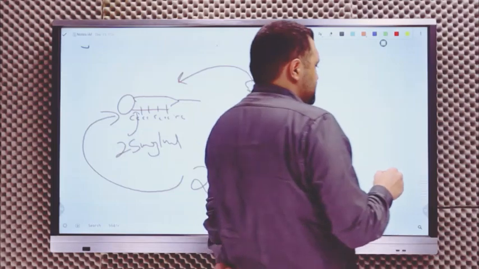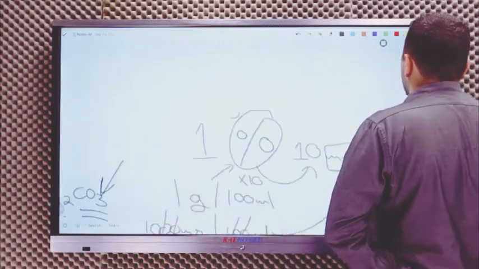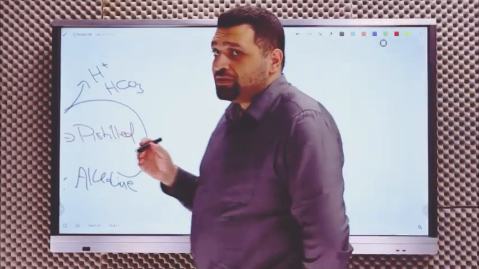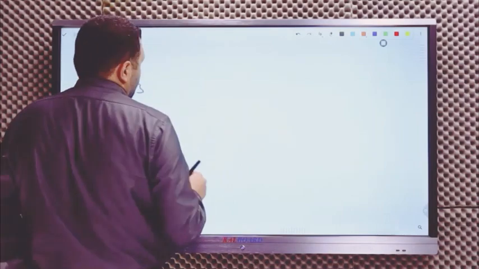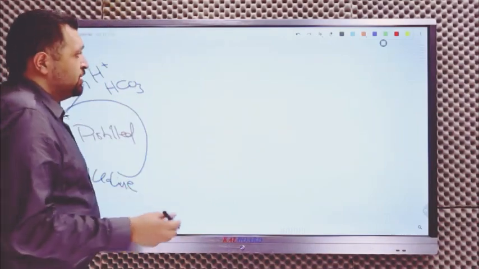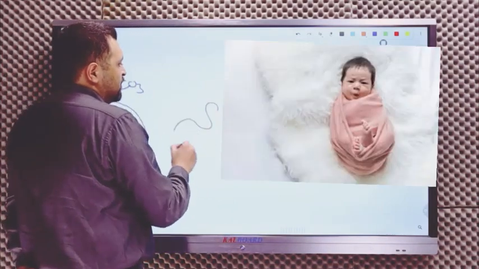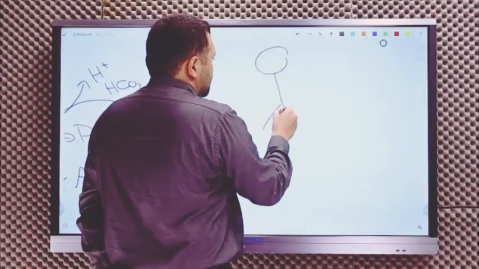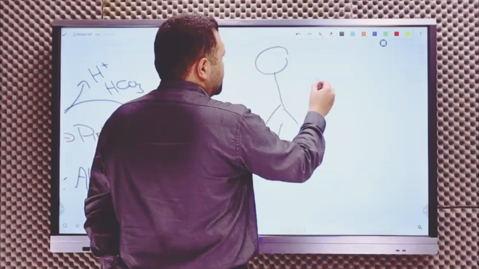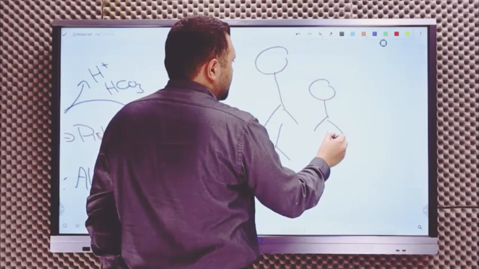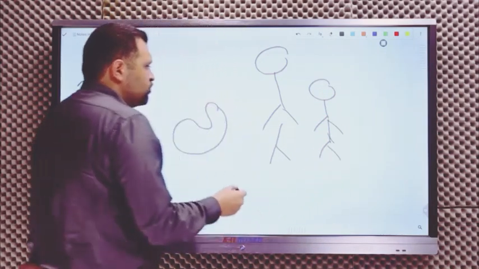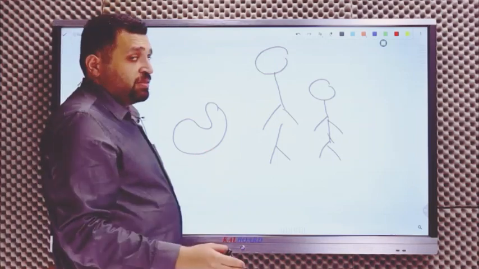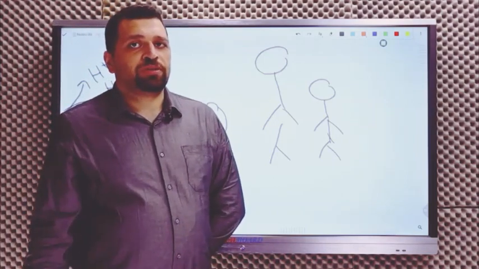This brings us to the next question: how many cc's should I give to each patient? So if I have a child, I'm very bad at drawing, and a man, and a shorter man, should we give all of these the same amount of thiopental?